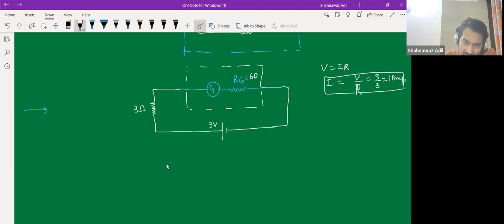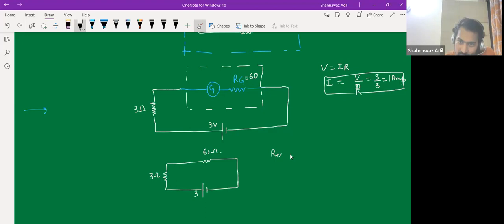Now I have a device which is 3 ohm, and then this is 60 ohm. So how much resistance do I have in the circuit? I have 63 ohm resistance in the circuit.